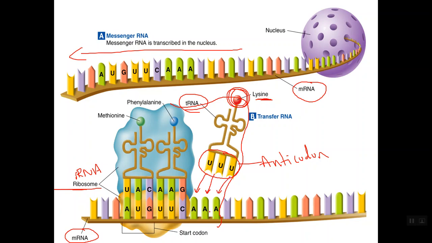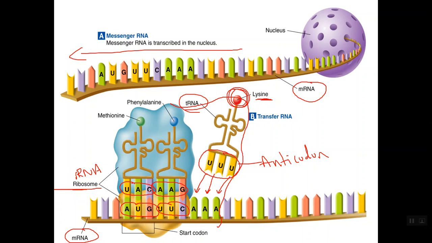UUU matches AAA. They're complementary to each other. Same with the ones that are already in the ribosome. Here's an anticodon that matches the codon AUG. This anticodon matches this codon. And the whole point of them matching is because they're specific.